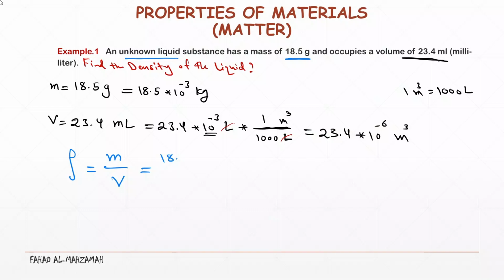Mass, we have 18.5 times 10 to the power minus 3 kilogram divided by 23.4 times 10 to the power minus 6 cubic meter, and the answer can be found as 790.59 kilogram per cubic meter. This is the first example.